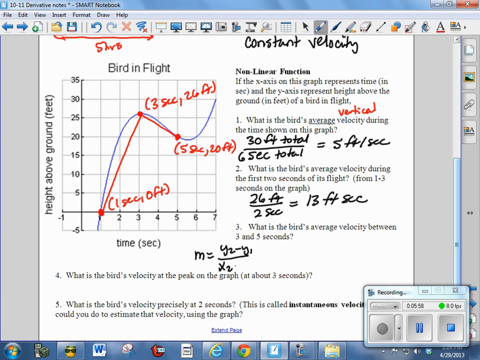So if I treat x1, y1 as point number 1, and the other one as x2, y2 over here, then I would say y2 is 20 minus 0 divided by 5 minus 3.